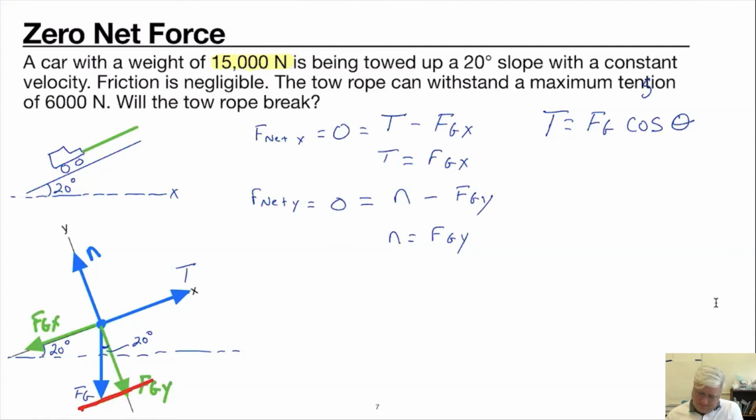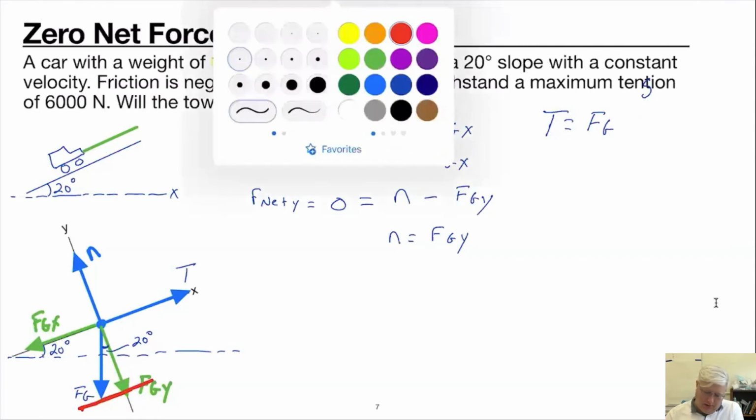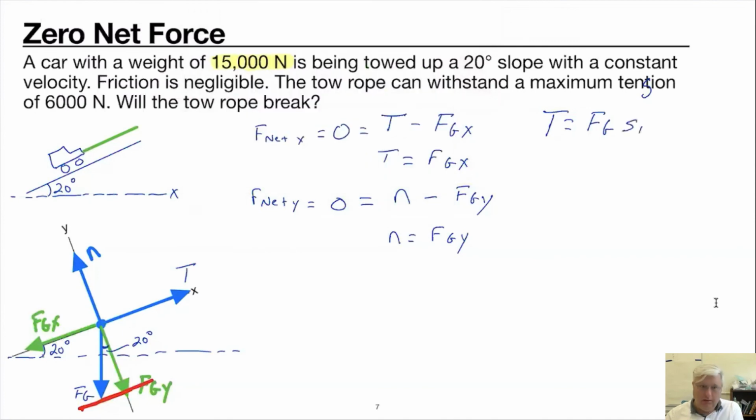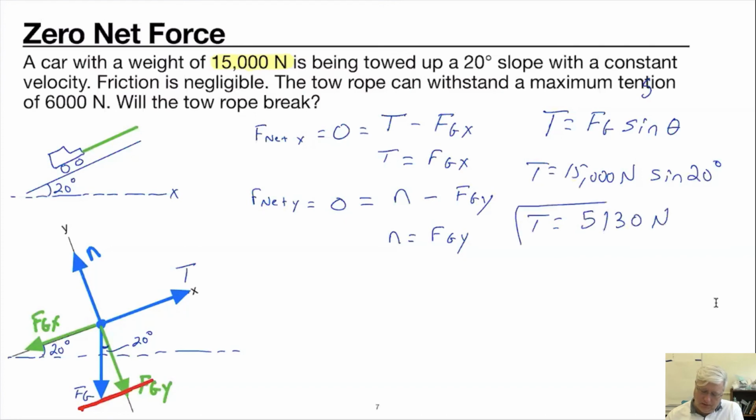Okay, so it's not going to be cosine theta here. It's going to be Fg sine theta. Okay, and we know that the Fg, the weight, is the 15,000 newtons. And we know the angle is 20 degrees.